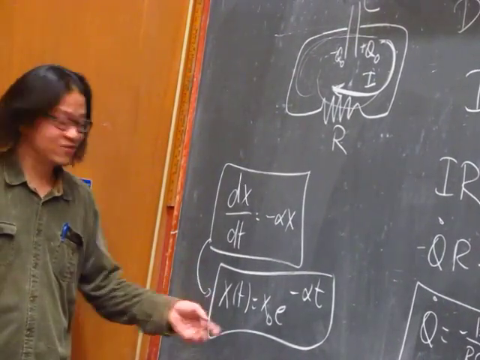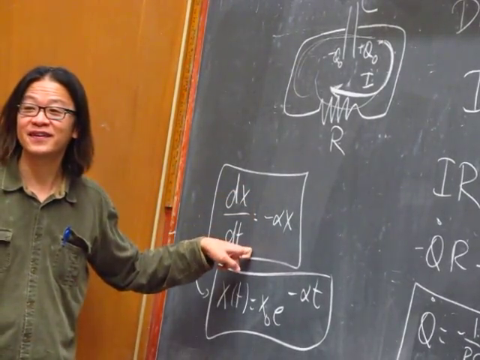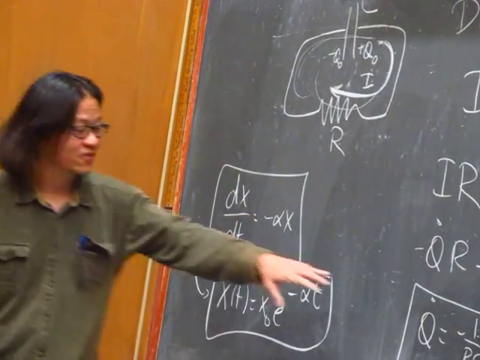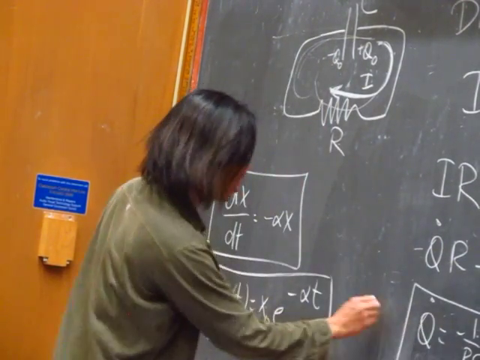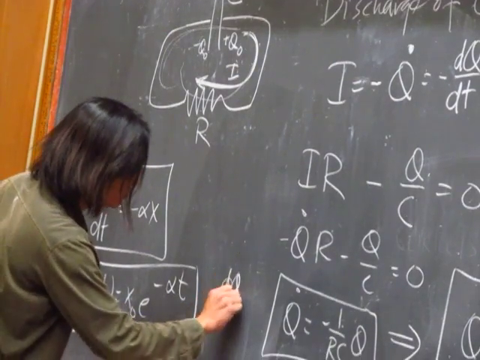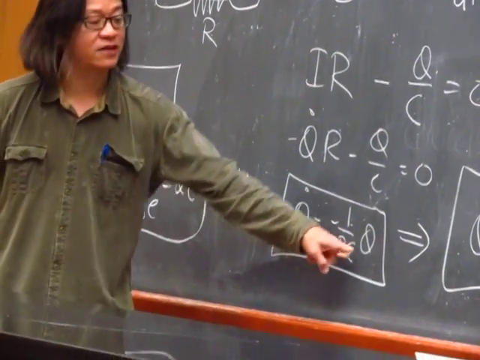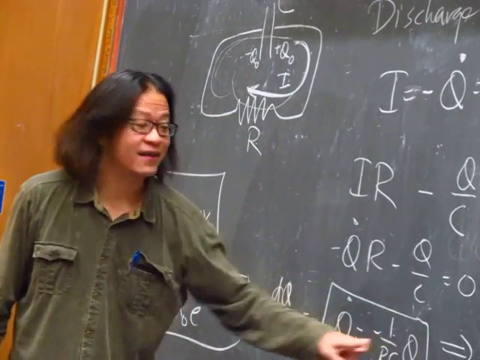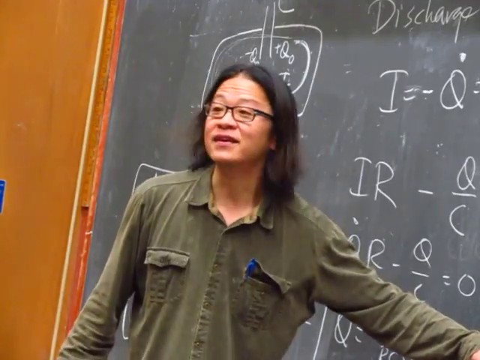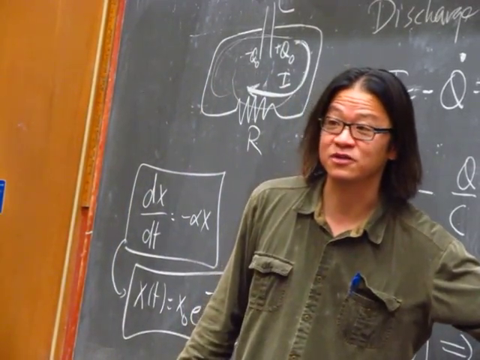One way to solve it is to plug this into the equation, and you get the equality. Is this step clear? This is just dQ dt, which is minus 1 over RC times Q. And anytime you see a differential equation like that, you know that the variable falls as an exponential.